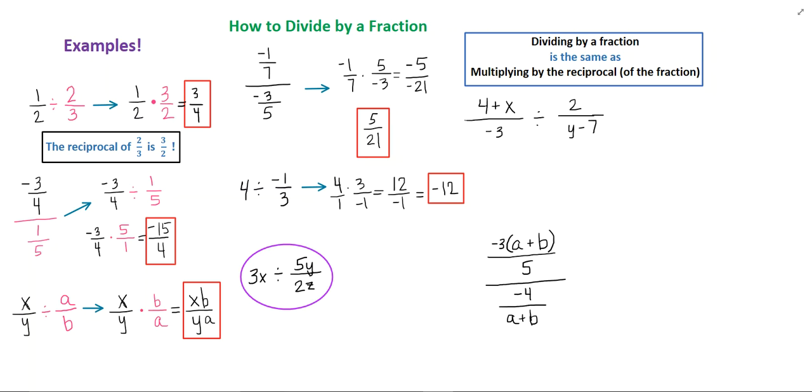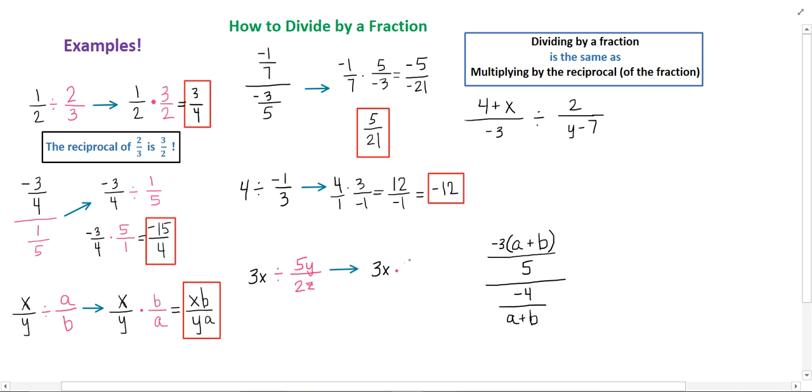This next one looks a lot more messy with variables in it, but we're going to do the exact same thing that we just did. We're dividing by 5y over 2z. So we're going to multiply by the reciprocal, which is 2z over 5y.